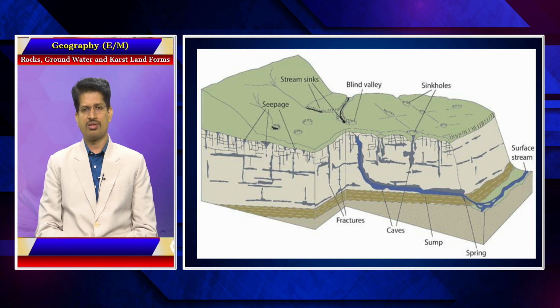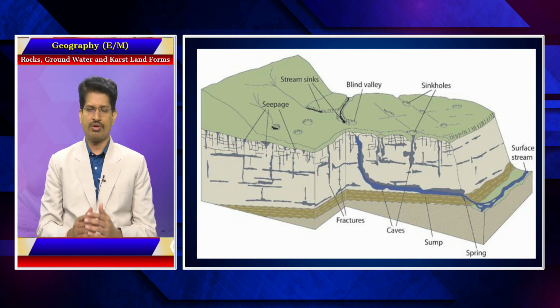So, in this context, in the case of the blind valley which has been projected to you, a valley suddenly stops abruptly. When there is a sudden stopping of a valley, it is known as a blind valley in this karst topography, because the flowing river suddenly disappears into the sinkhole and swallow hole and forms an underground river.